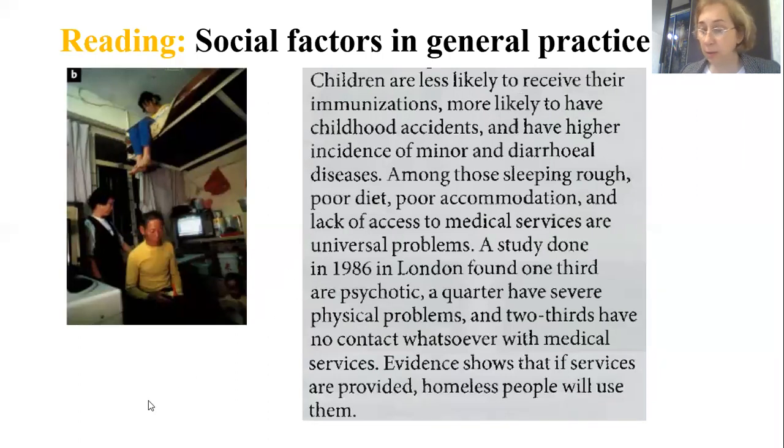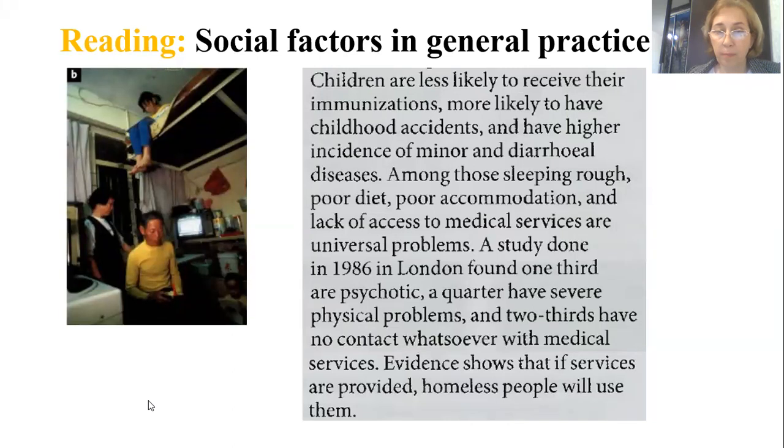So the next part is for Ezginur. Yes. Please. Children are less likely to receive their immunization, more likely to have childhood accidents, and have higher incidence of minor and diarrheal disease. Among the sleeping rough, poor diet, poor accommodation, and lack of access to medical service are universal problems.